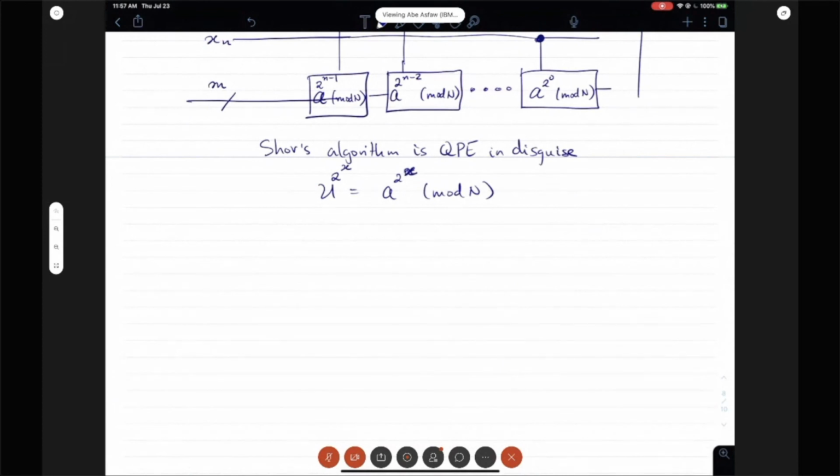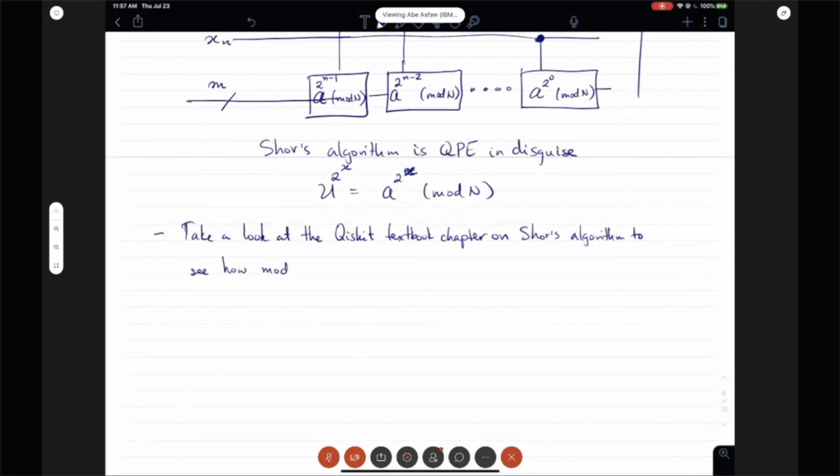So I'll explicitly write down, take a look at the Qiskit textbook chapter on Shor's algorithm to see how modular exponentiation, which is just a fancy way of describing these operations, is implemented using gates.